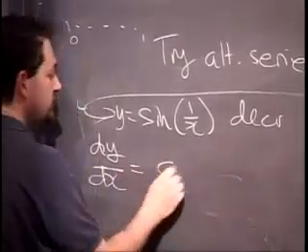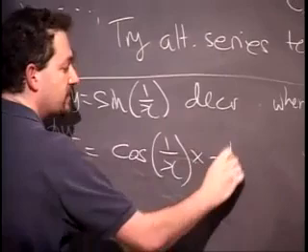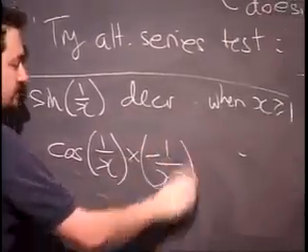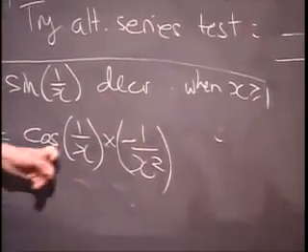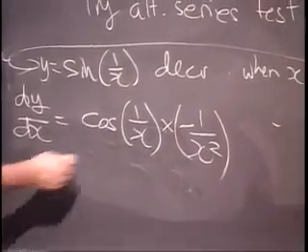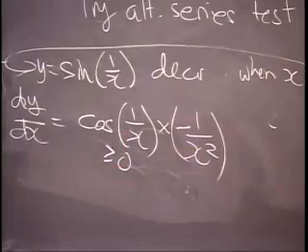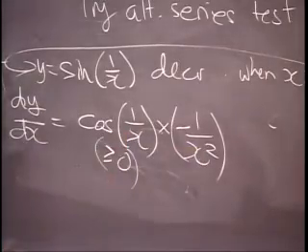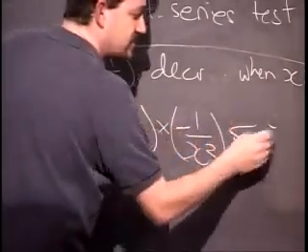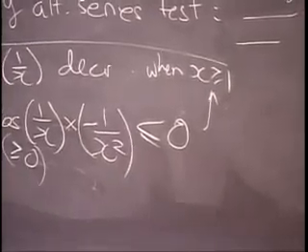You get cosine 1 over x times the derivative of 1 over x. Well, when x is bigger than or equal to 1, cosine of something between 0 and 1 is positive. So that's positive. 1 over x squared is positive, but the minus sign is negative. So this is negative when x is greater than or equal to 1. So that shows that the thing is decreasing.